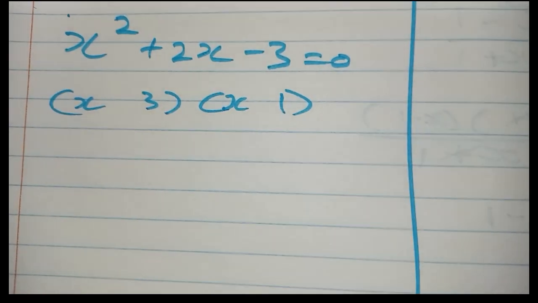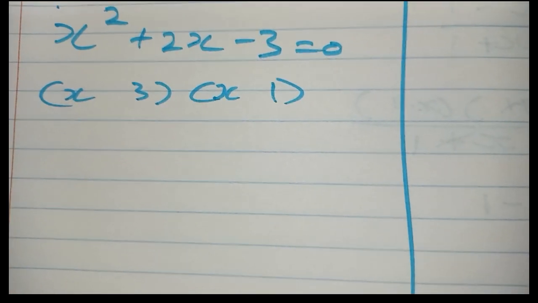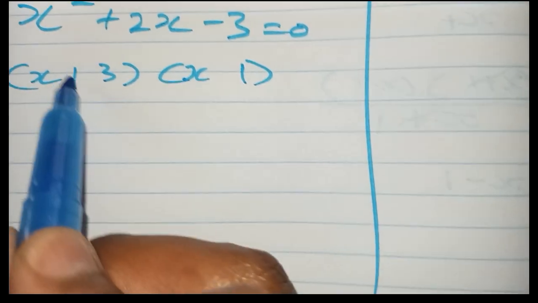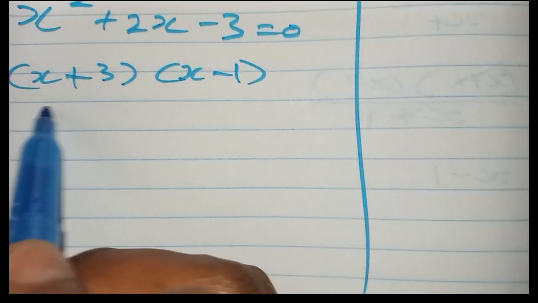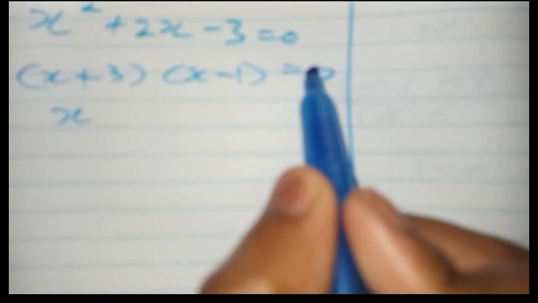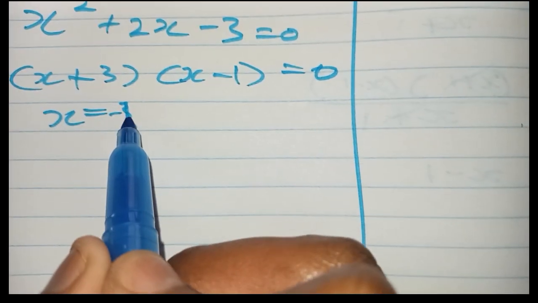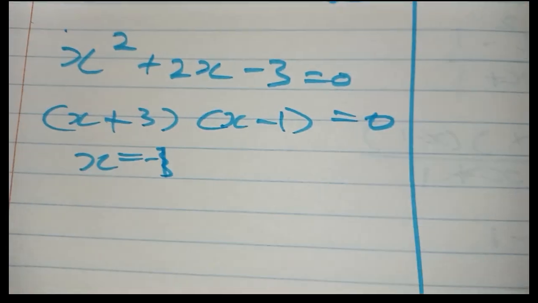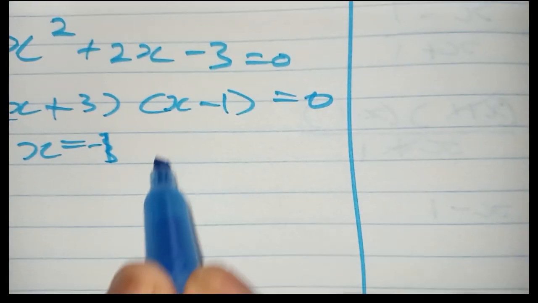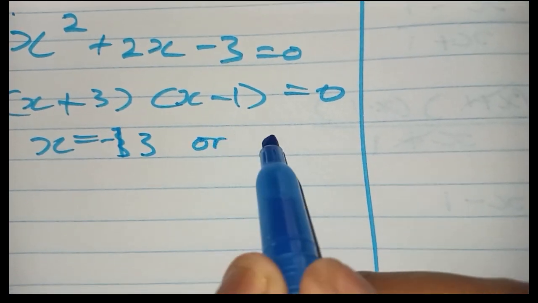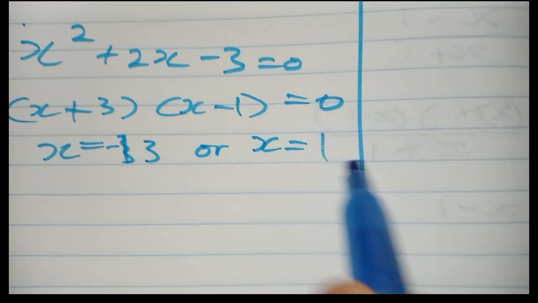I just hope you remember, because you have to. So this one is going to be plus and then this one is going to be minus. So x is equal to minus 3, or x is equal to 1.